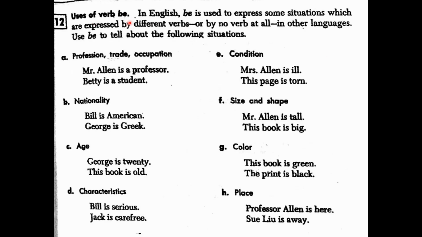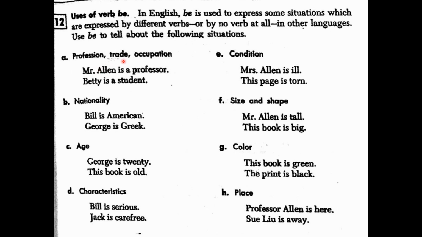Uses of verb be. In English, be is used to express some situations which are expressed by different verbs or by no verb at all in other languages. Here we are given 8 situations.